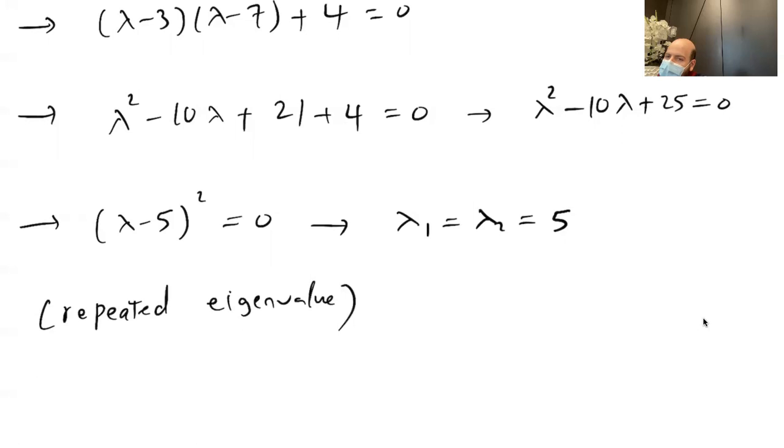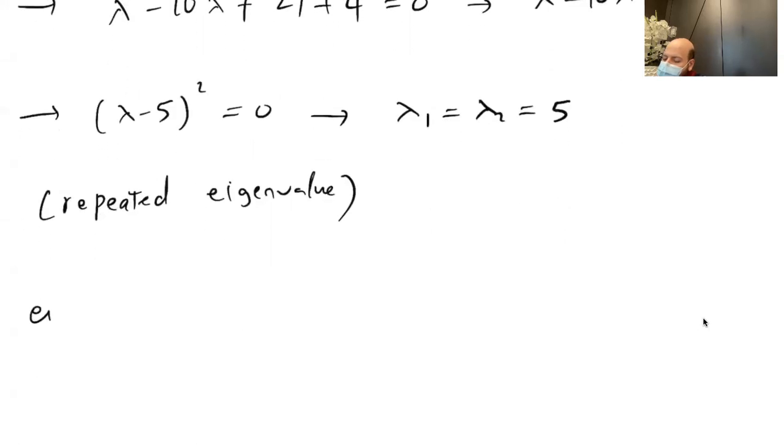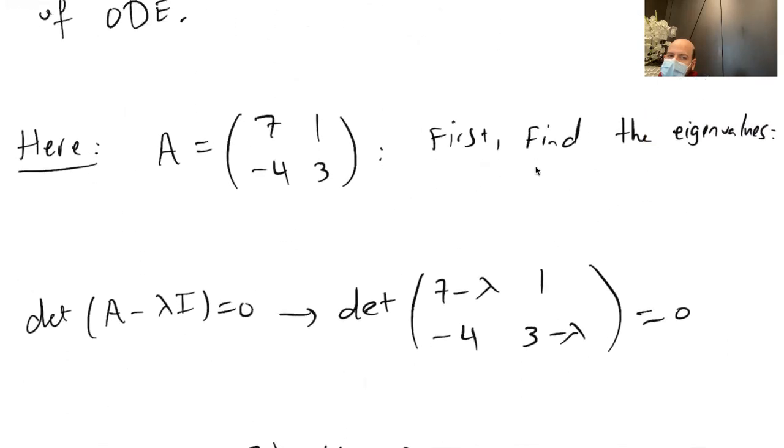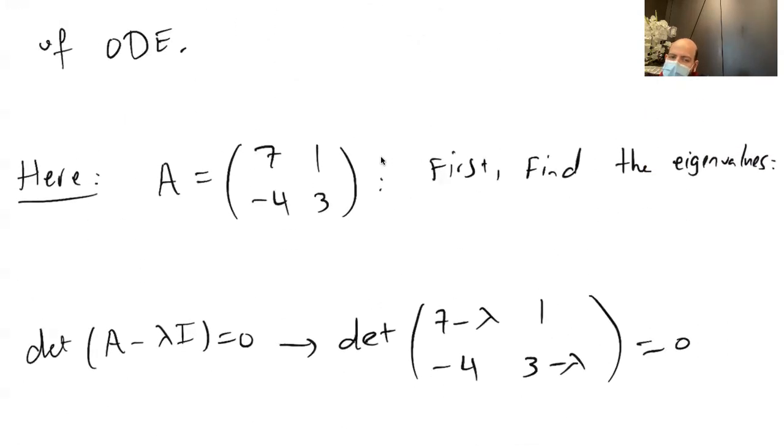Now we need to find the eigenvector. So please note here that the matrix is not a diagonal matrix. Diagonal matrix means these elements must be 0. Because it's not a diagonal matrix, we won't have two linearly independent eigenvectors.